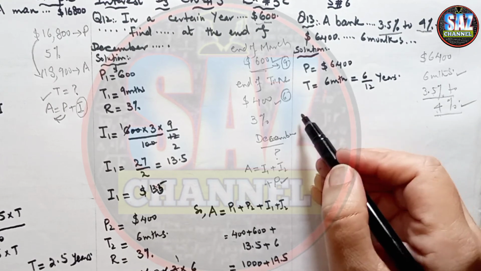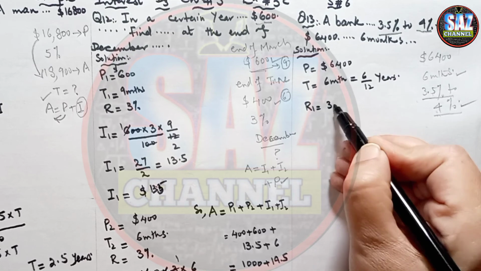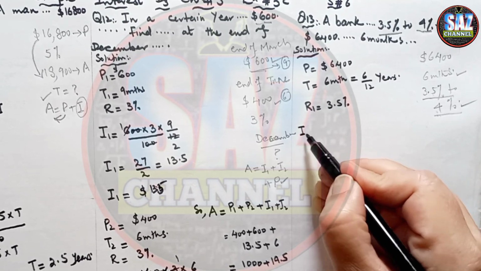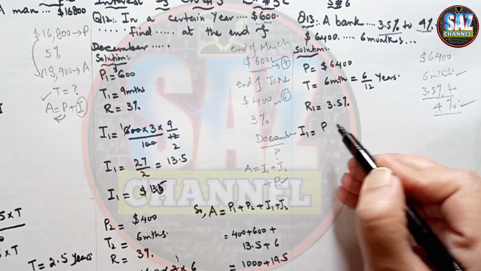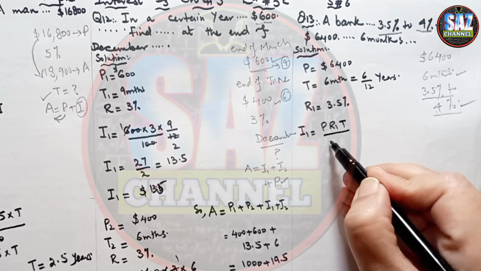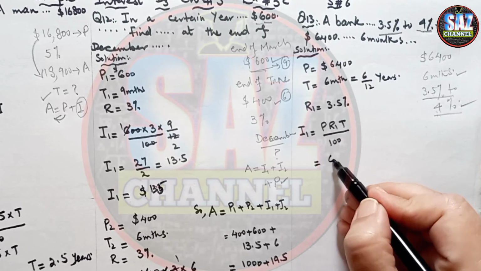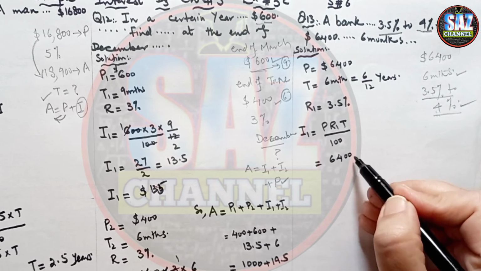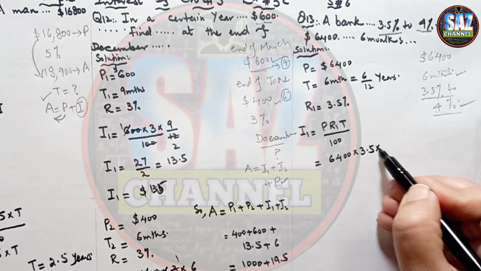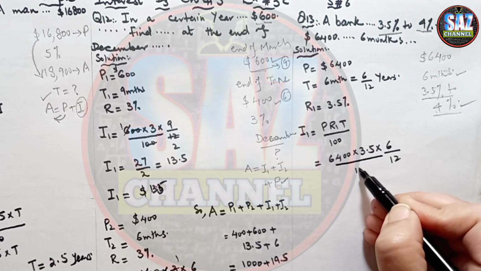So then R1 is 3.5%. So I1 will be equal to P R T upon 100. Now we have to insert the values: 6,400 multiplied by 3.5 multiplied by time 6 by 12, upon 100.